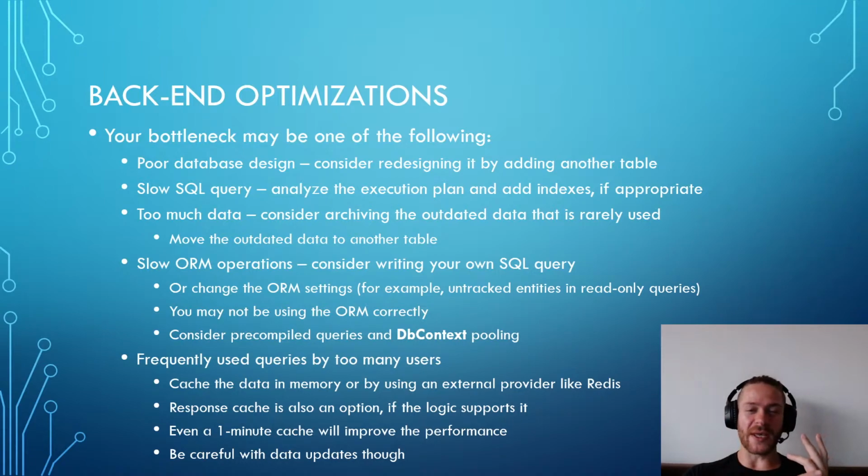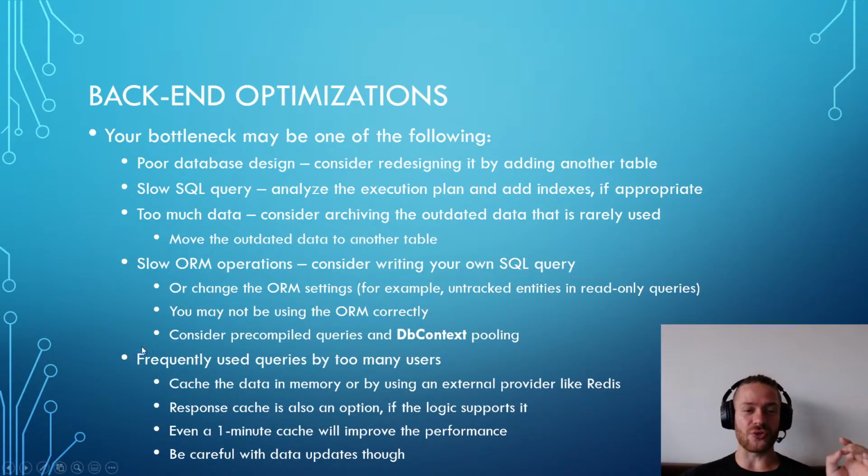These queries will be cached by your ORM, and then they will be super fast, at least in terms of the ORM. If the SQL itself is super slow, then you again need to analyze the execution plan. So you may consider precompiled queries. They may improve the performance of your app up to like 5 times. 5 times is a lot.